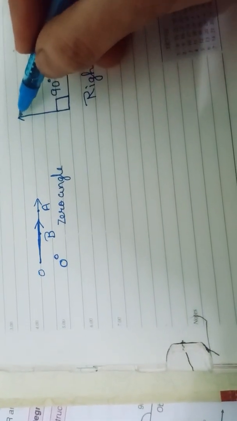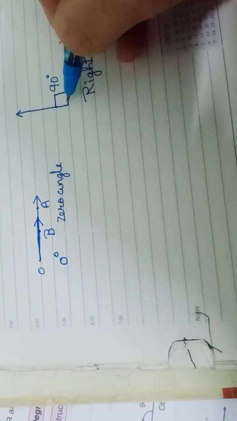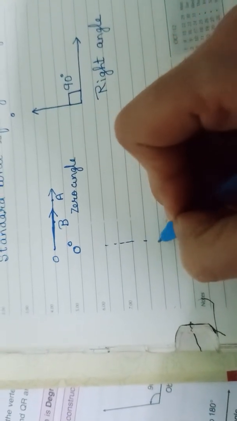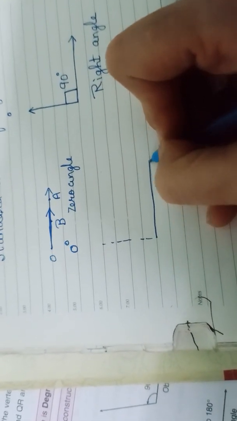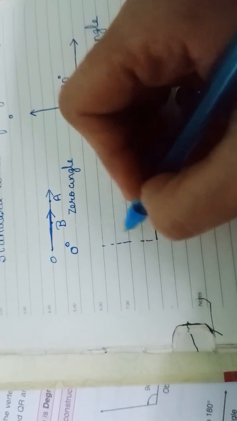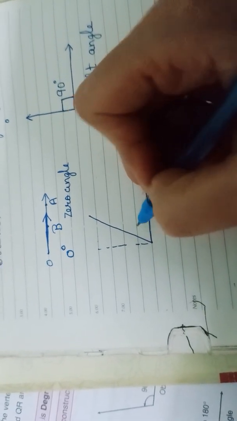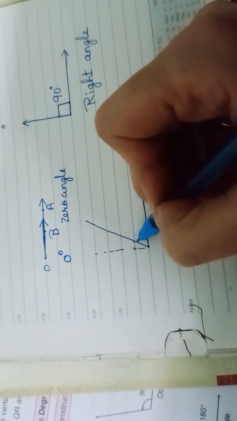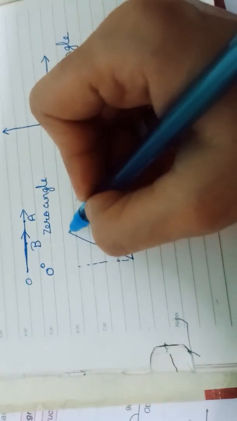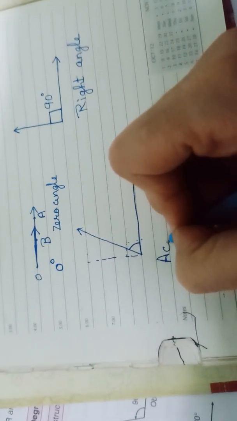Sometimes if we move this on the right of us, then angle will become, suppose this is 90 degree angle, and we move this angle, it will become smaller than the 90 degree. Here it is 90 degree and this angle is smaller than 90 degree, so we will say this is acute angle.